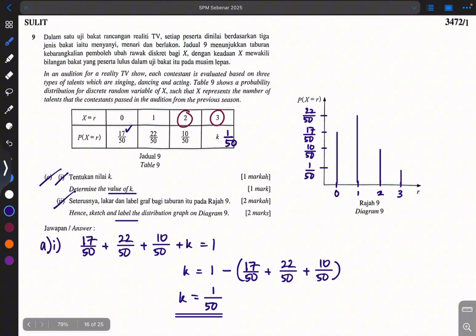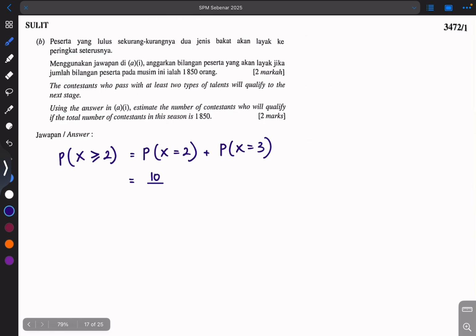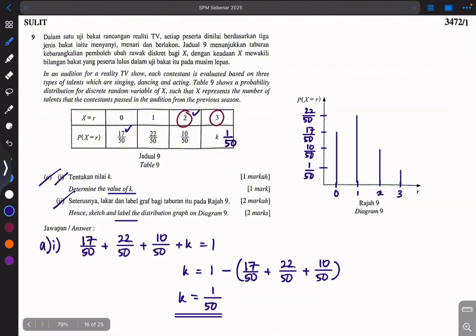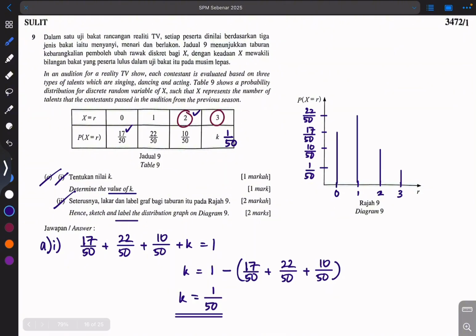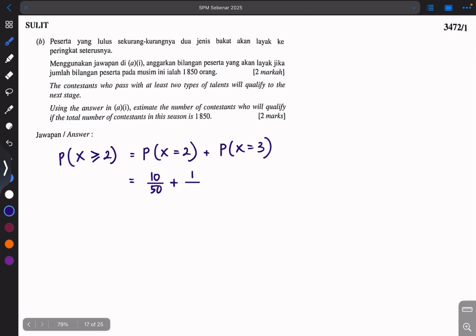So probability of x equals to 2 is 10 over 50. So 10 over 50 people have 2 talents. And then 3 talents would be 1 over 50. So total is 11 over 50. This will be the probability. So if we have 1850 contestants, 11 out of 50 of them would proceed to the next stage.